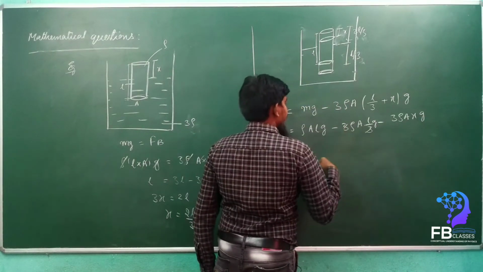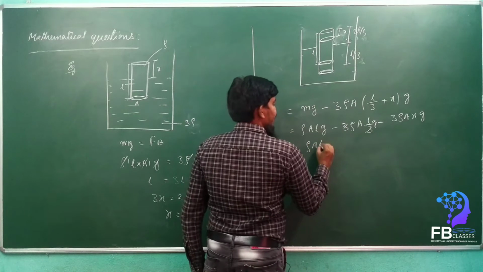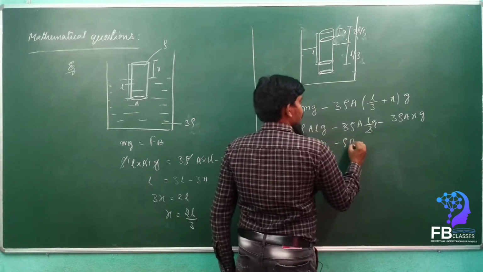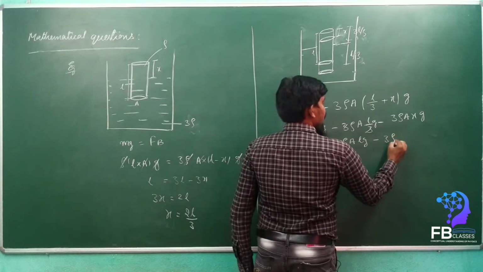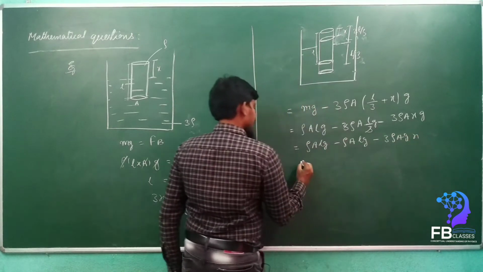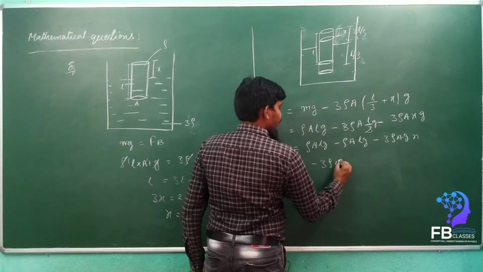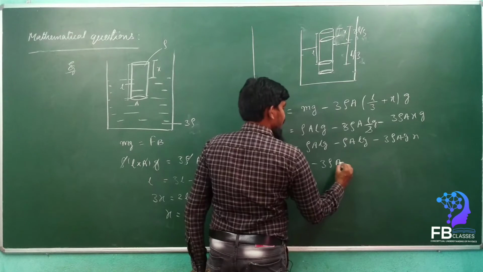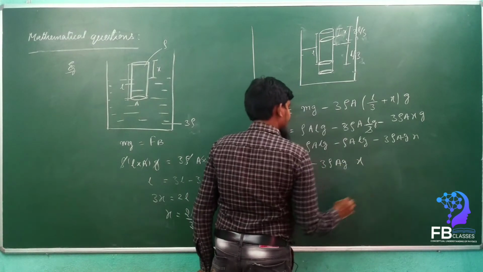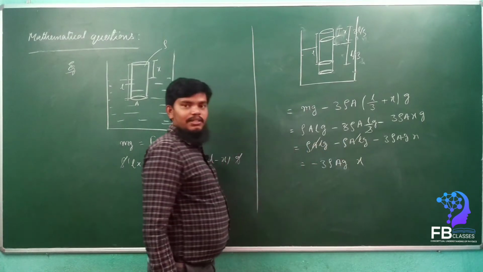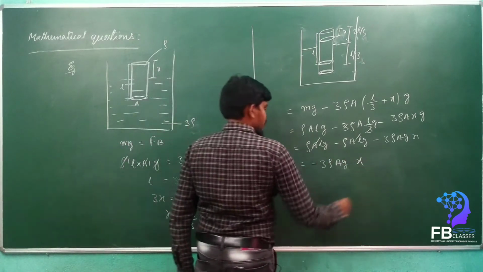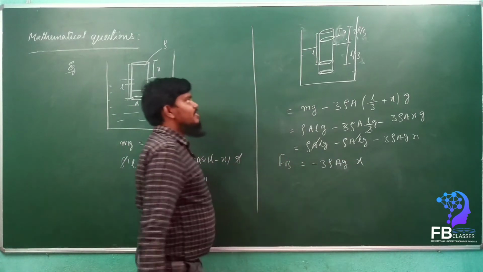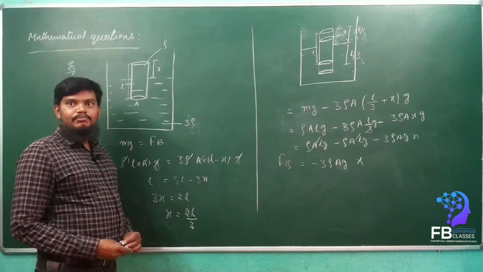Now this will get cancelled: rho A L g minus rho A L g minus 3 rho A g into x. The value will come as 3 rho A g into x. So this is the force existing on the cylinder. Are you getting my point?